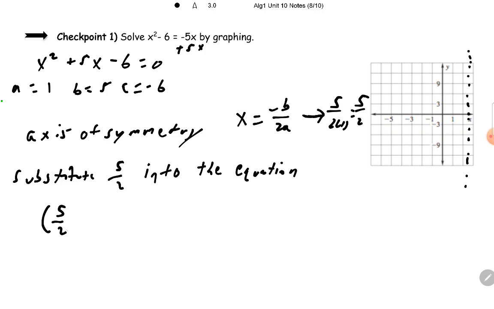So 5 halves squared plus 5 times 5 halves minus 6.